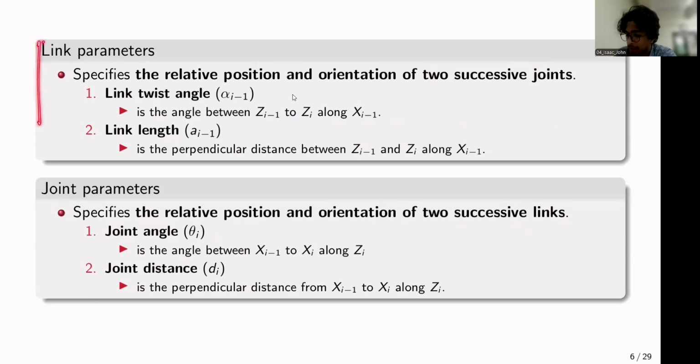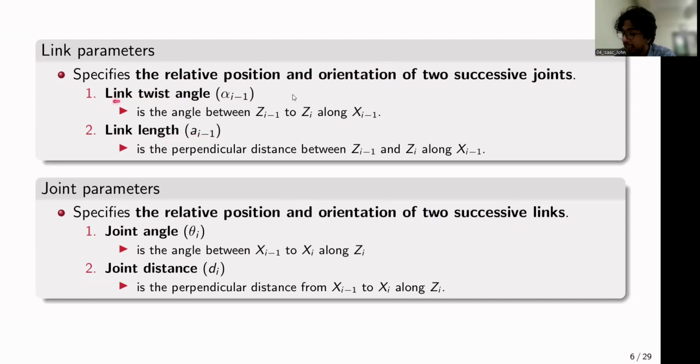So there are two link parameters. They specify the relative position and orientation of two successive joints. Right? Link parameters convey the information, which is nothing but position and orientation, between two successive joints. The first one is called link twist angle, and the other one is called link length.